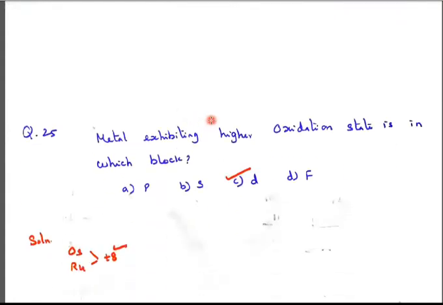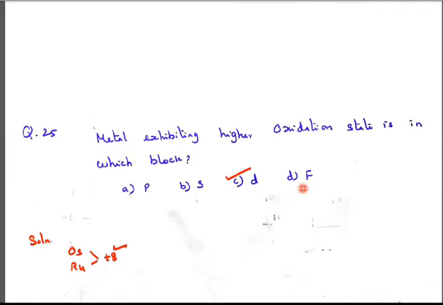Next question: the metal exhibits higher oxidation state in which block? P block, S block, D block, F block. Overall in the periodic table, more variable oxidation states are present only in the D block elements. D block elements are called transition elements because they sit in between S block and P block elements.